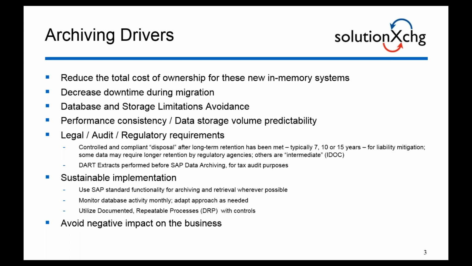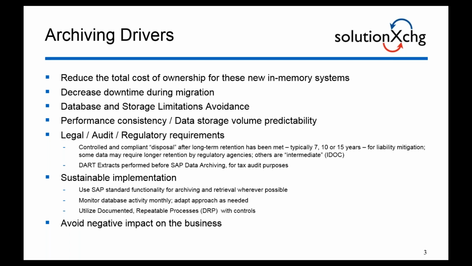And also follow a documented and repeatable process with controls. What that essentially means is you're using a methodology, you're documenting what you're doing, and you continue to repeat that process, and you have controls in place to make sure your archiving is done in a consistent and controlled manner.